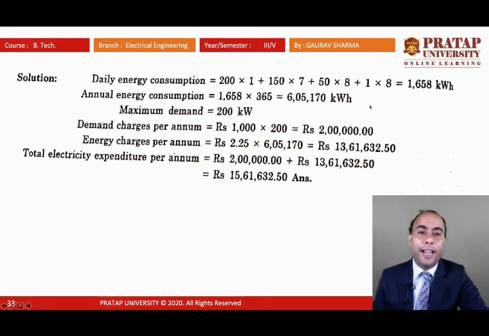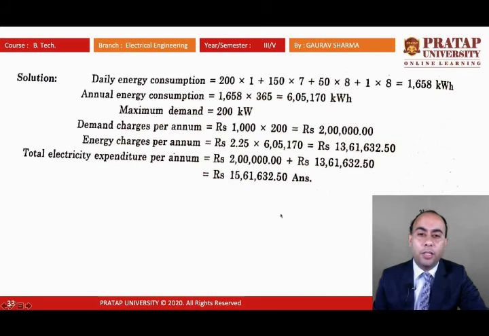Maximum demand is 200 kilowatt, and the demand charges per annum are 1000 into 200. Then we calculate the energy charges per annum, 2.25 into that figure. So the total electricity expenditure per annum is the sum of these two, which gives the final figure in rupees.